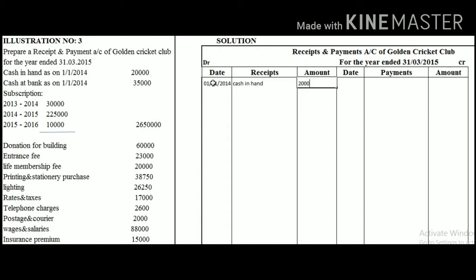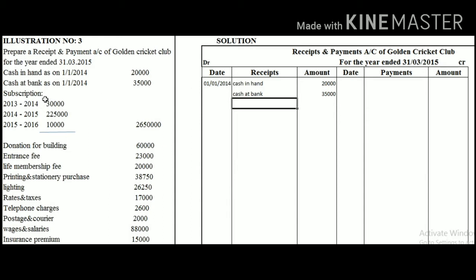Then the next, same date, cash at bank. What is the amount of cash at bank? It is 35,000. So the receipt and payment account starts with the opening balance of cash in hand and cash at bank.